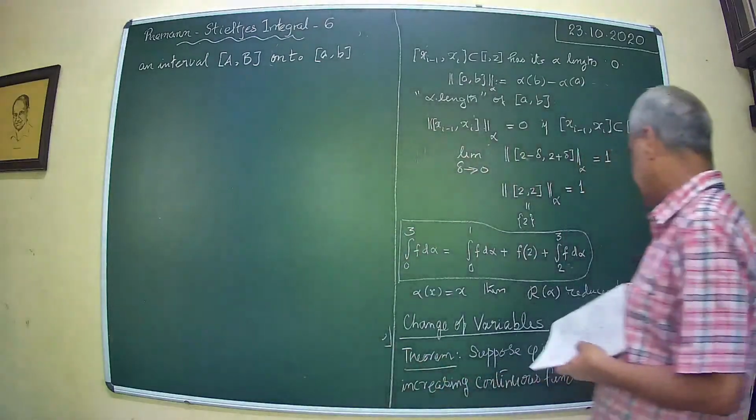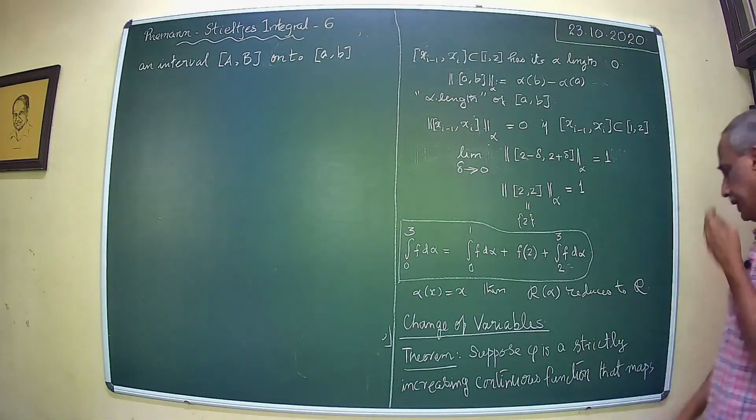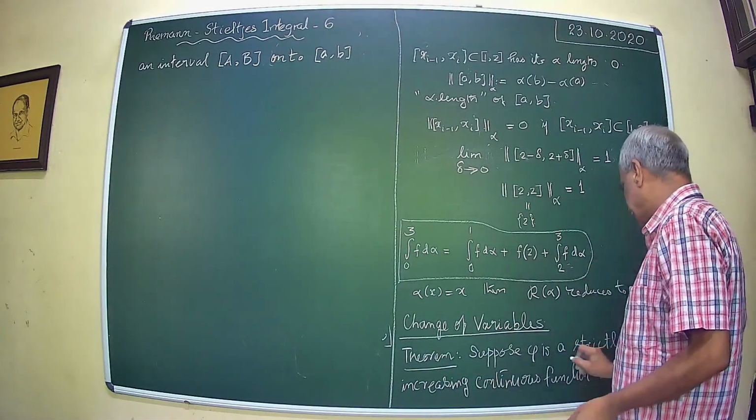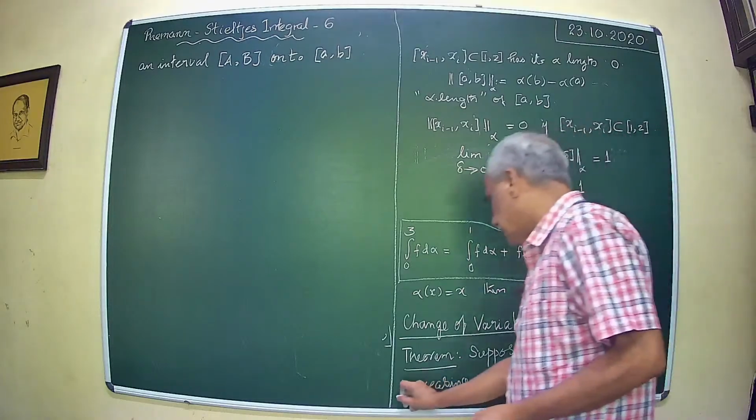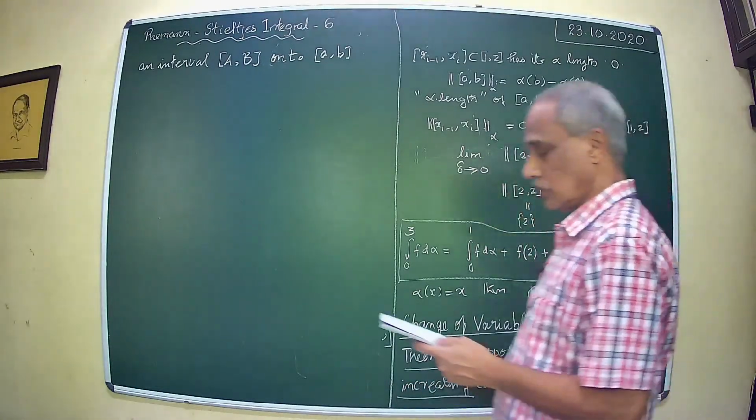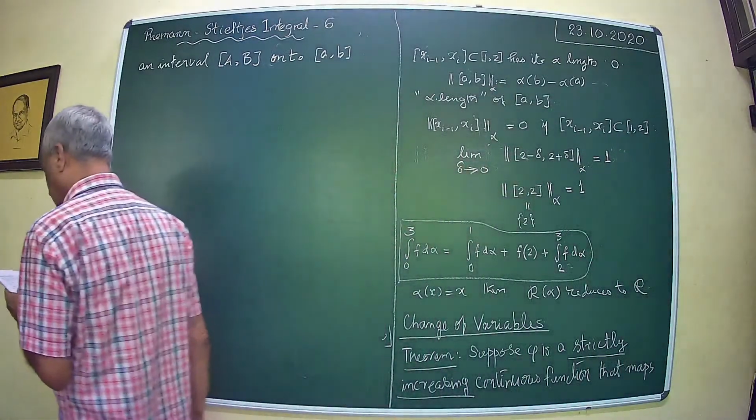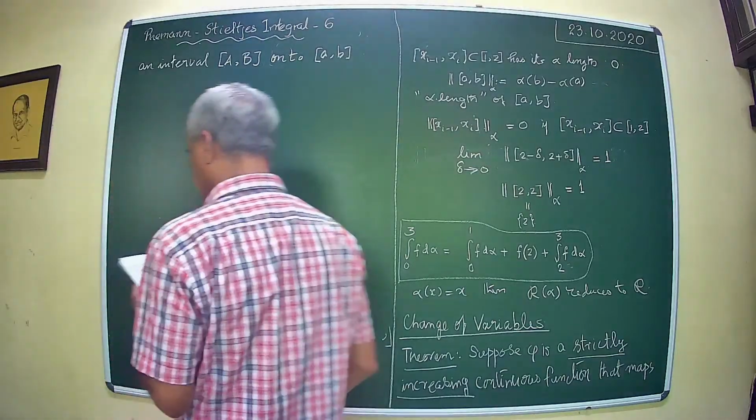From the conditions we have assumed on phi, that it is strictly increasing, you see that this is also one-to-one. Okay. Therefore, the inverse exists.